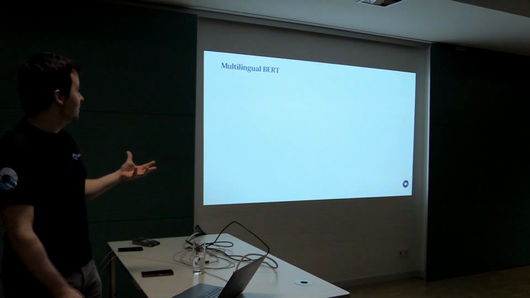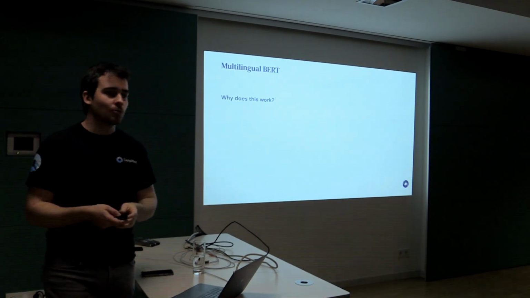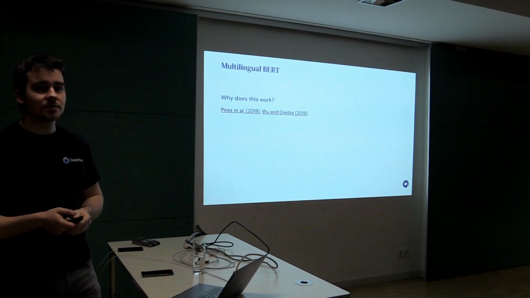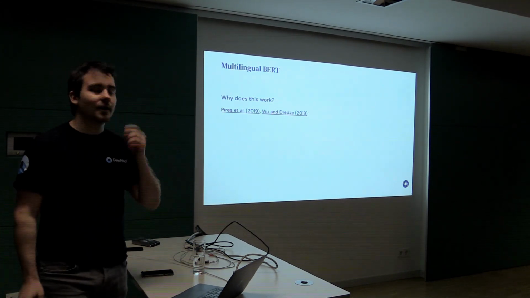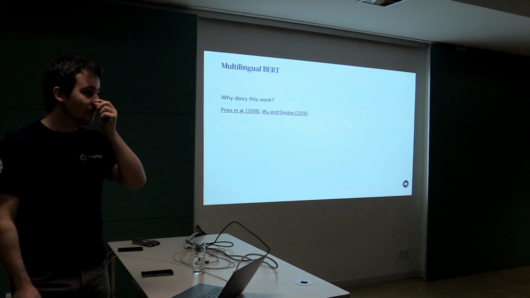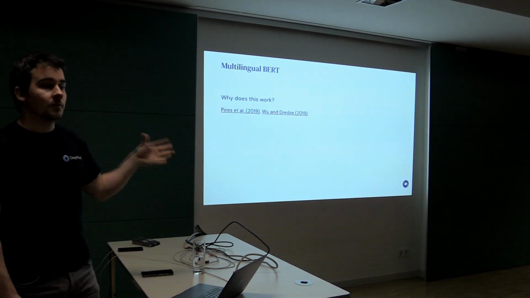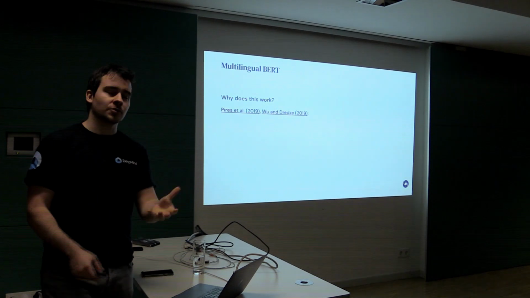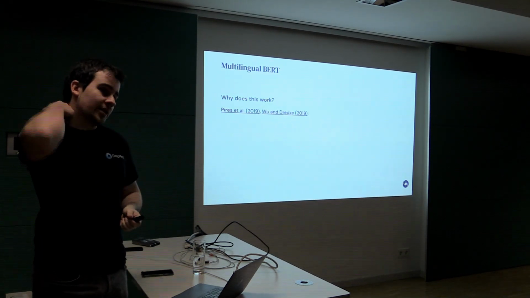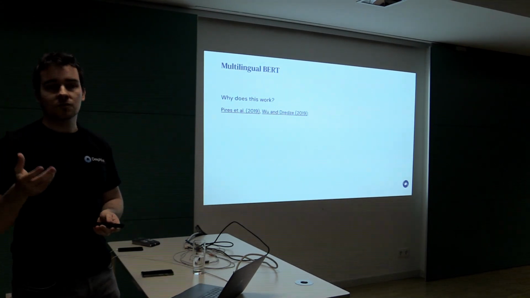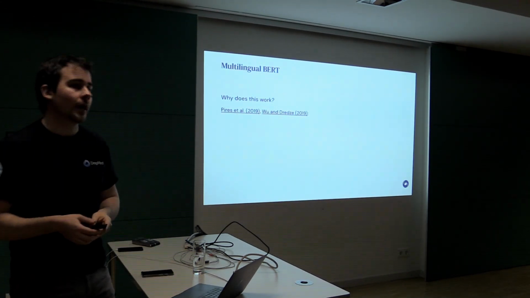And maybe this might seem surprising to you, that this actually works at all. To me, I think it did as well, because this model, in contrast to the supervised methods that we've seen earlier, and also in contrast to the unsupervised methods, is actually not forced at all throughout its objective to find any useful alignment between the different languages.